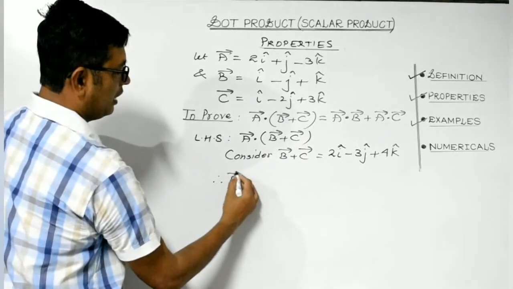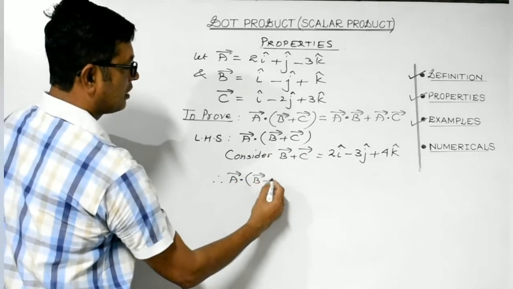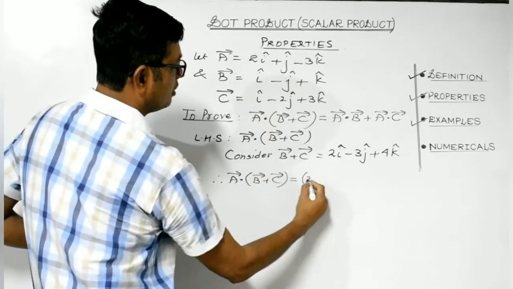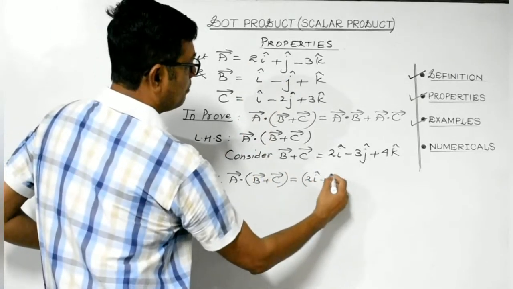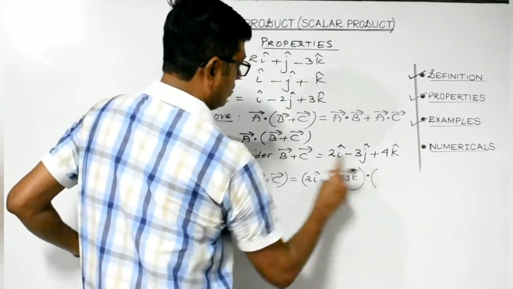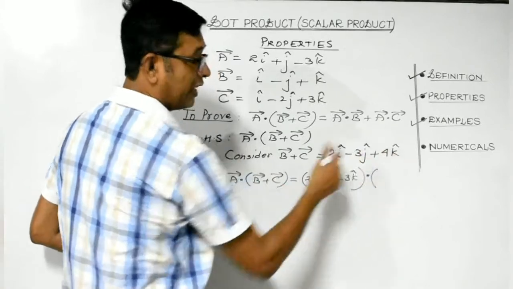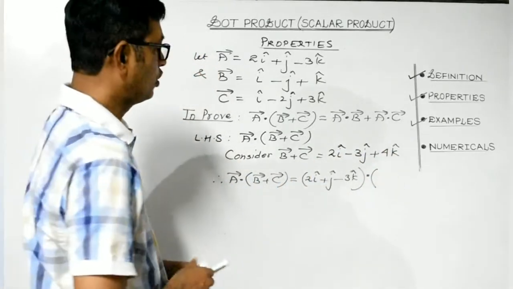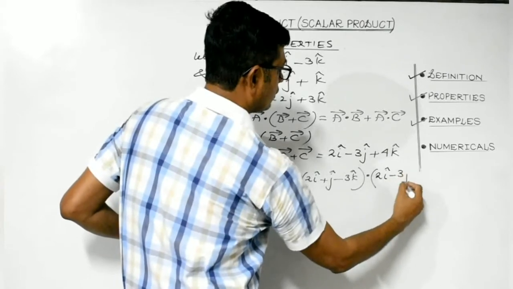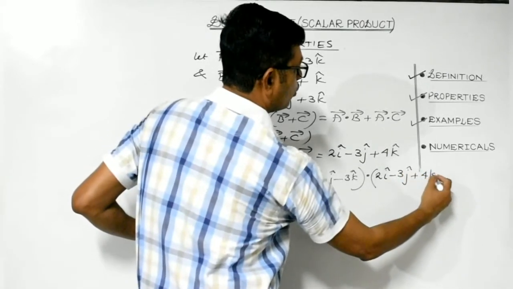Therefore, A vector dot (B vector plus C vector) would give us A vector, whose value is 2i cap plus j cap minus 3k cap, dot B vector plus C vector, whose value is obtained in the earlier step. So what we write is 2i cap minus 3j cap plus 4k cap.